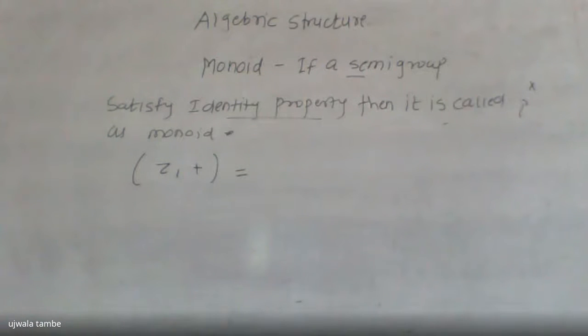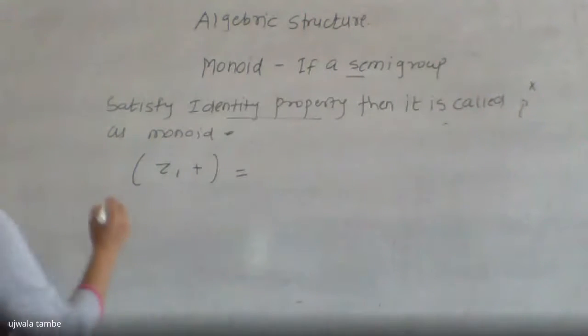Now Z is the set of integers, okay, which starts from, yes, write down in the chat box what the range is for the set of integer numbers Z. This is minus infinity to plus infinity. Okay?